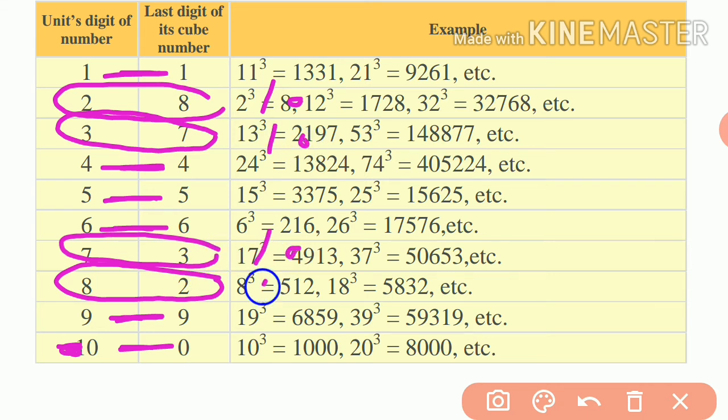This is 10, this is 10, this is 10. So we can learn this relation easily.